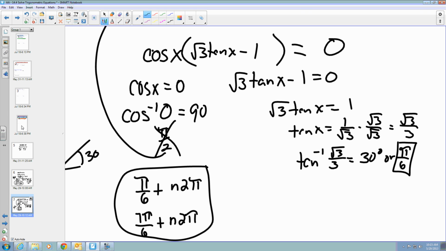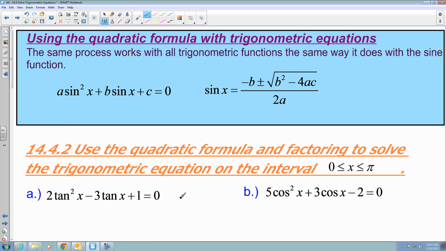problems like this. If you're going to be using the quadratic formula, you're going to use the same steps as you were to use the quadratic formula in a regular quadratic equation, but instead of having variables, you're going to have trig functions.